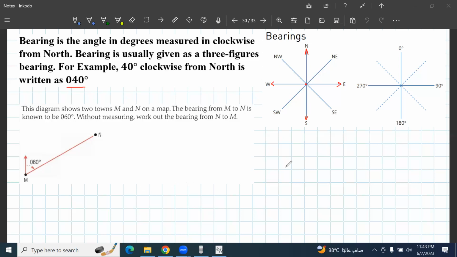For the concept of bearing in maths, we must know three points. The first point is we must know about the north. The second point is that the movement of measuring the angle is clockwise.